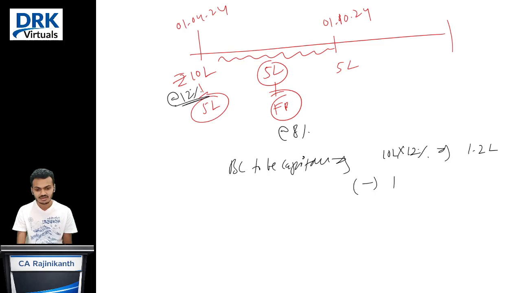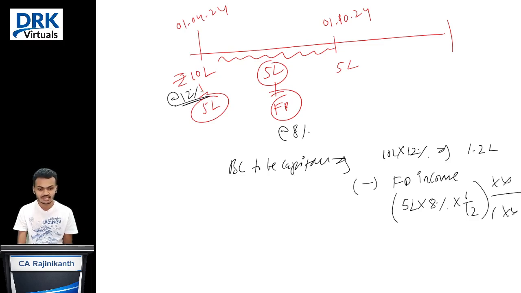Less FD income. How much is it? 5 lakh into 8% into 6 by 12. You will get some amount X. So this net amount should be capitalized.